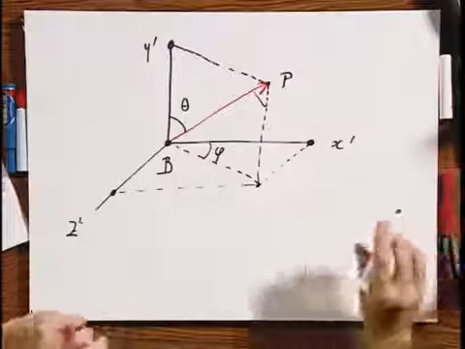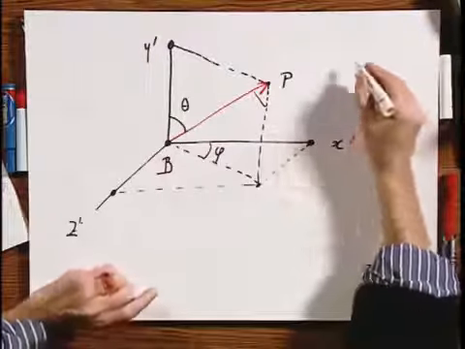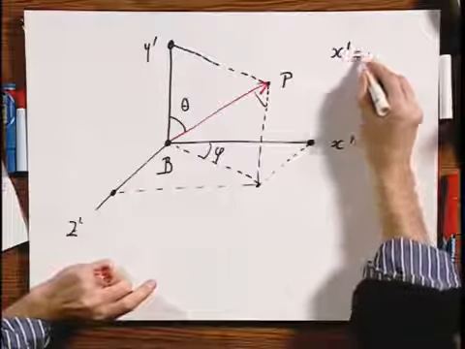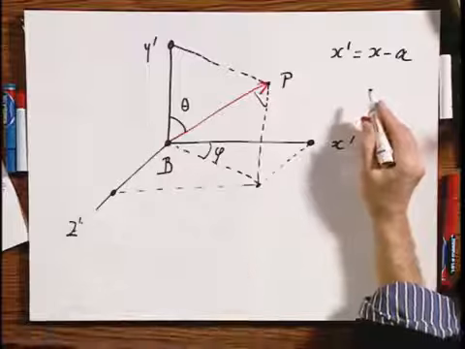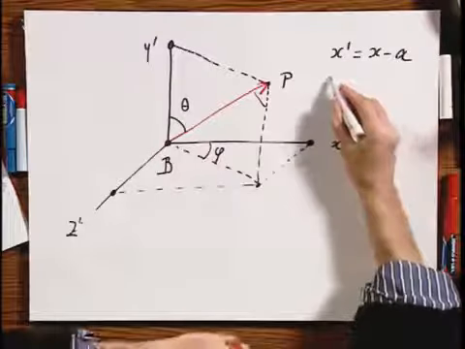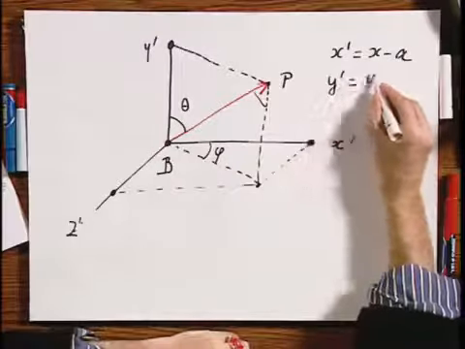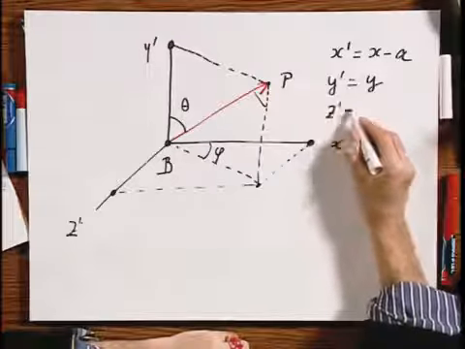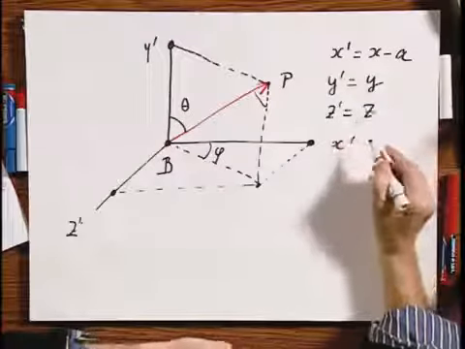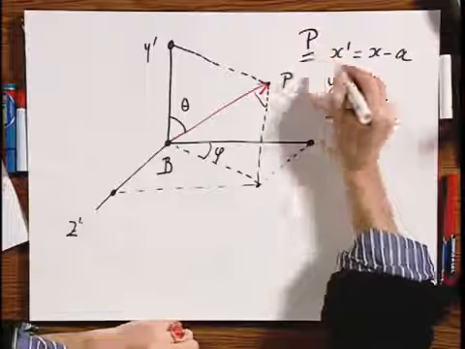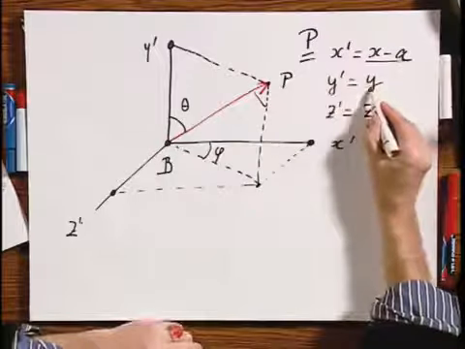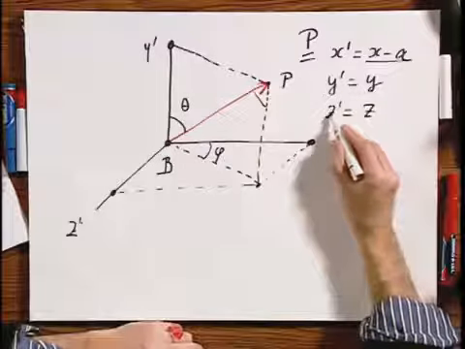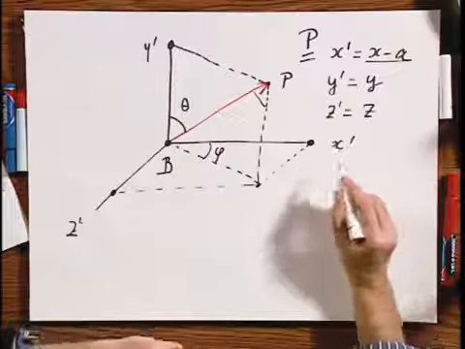I want you to appreciate that x prime is x minus a, because we have moved up the origin only in the x direction, but that y prime is the same as y, and that z prime is the same as z. That has not changed. So for point P, the x prime position is x minus a, the y prime position is the same as y, and the z prime position is the same as z.